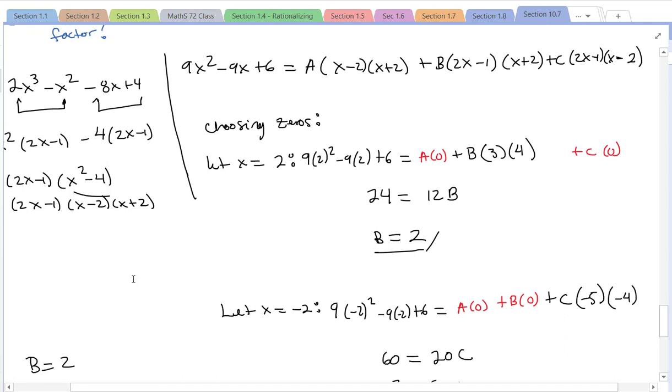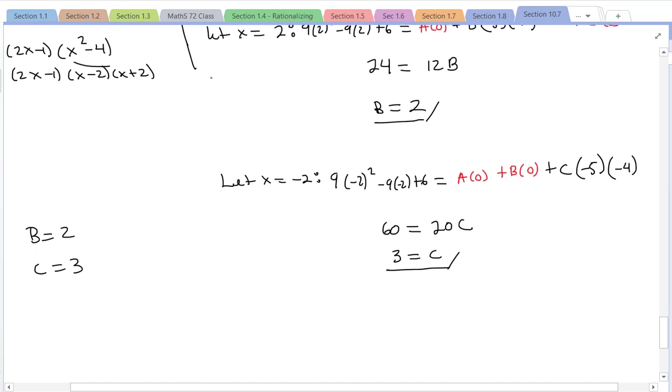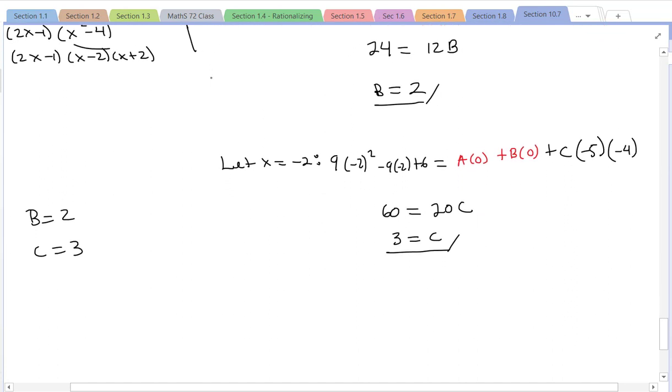So I'm going to go back up to my 9x squared minus 9x plus 6, and I'm going to multiply these out, not entirely. I'm only looking for A, so I'm going to figure out what my coefficient will be for the x squared term, and I'm going to use that 9.